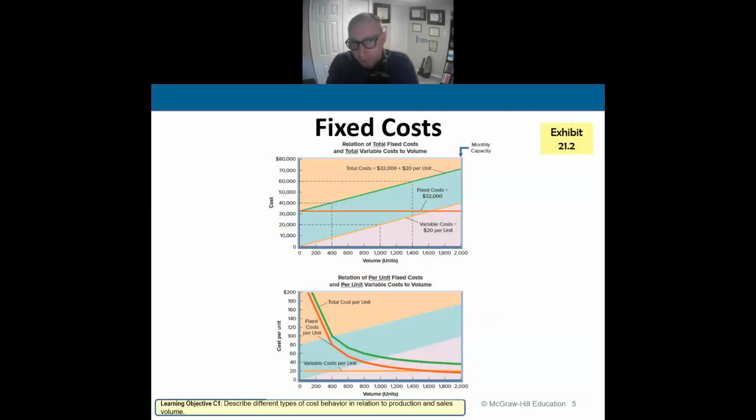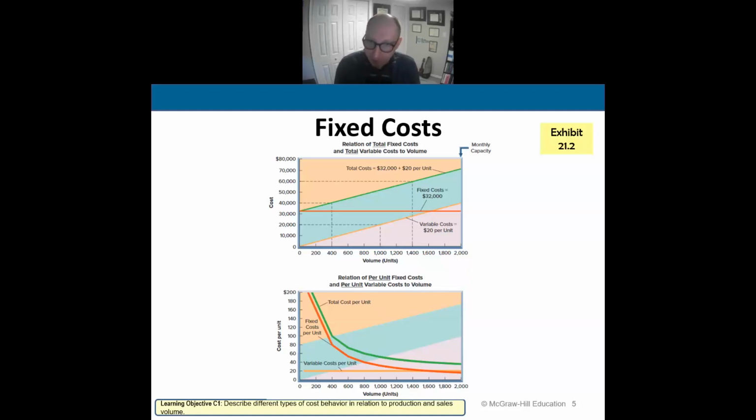Cost is also behavioral based on manufacturing. Total cost might decrease, usually does decrease, the more units I'm making. Let me explain that. Here we're looking at fixed costs. Fixed costs, as you remember from our previous discussions, are costs that remain the same over time.